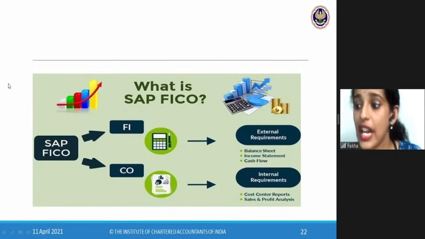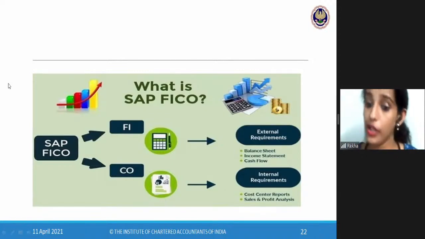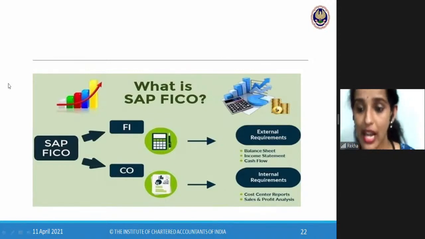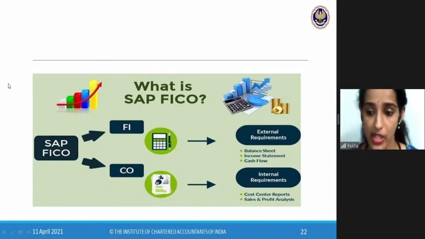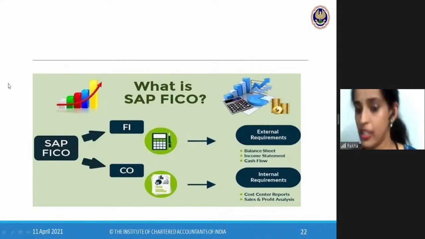The financial module will track the flow of the financial data, integrate with different modules, collect the data from different modules, process it, and accounting, recording of transactions happens. Now, how do you compare whether whatever happened during the course of the year is as per what the management has budgeted or what the forecast is? Now you have to compare. This will be done by the controlling module.